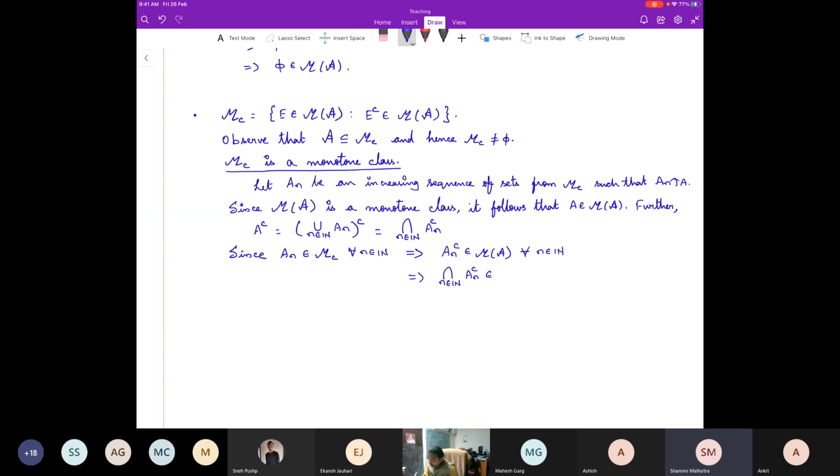Where did this belong to? Okay, so is it a decreasing class? Yes, sir. Why is it decreasing? As A_n's are increasing, A_n is contained in A_{n+1} for all n in N, implies A_n complement contains A_{n+1} complement for all n in N. That is, A_n complement is a decreasing sequence.